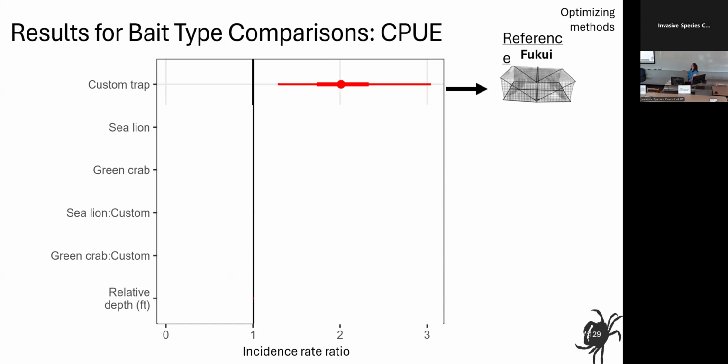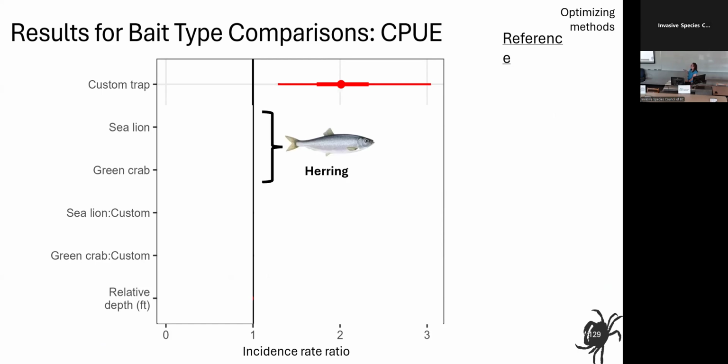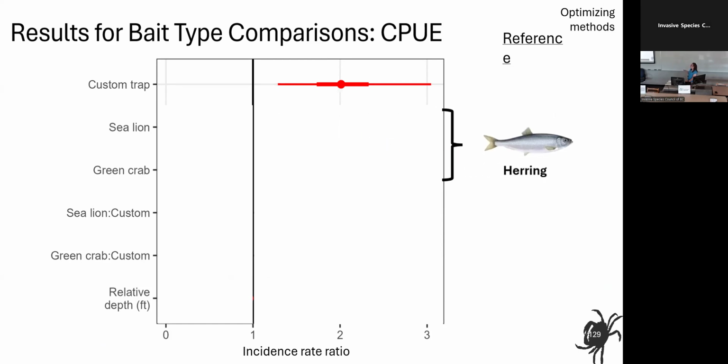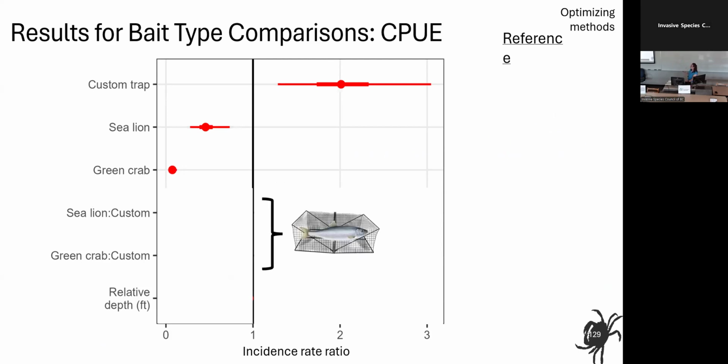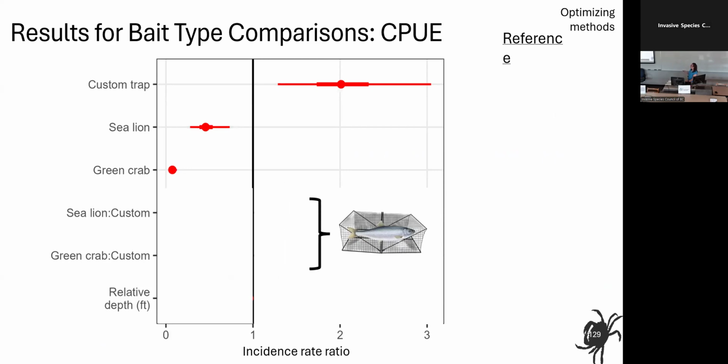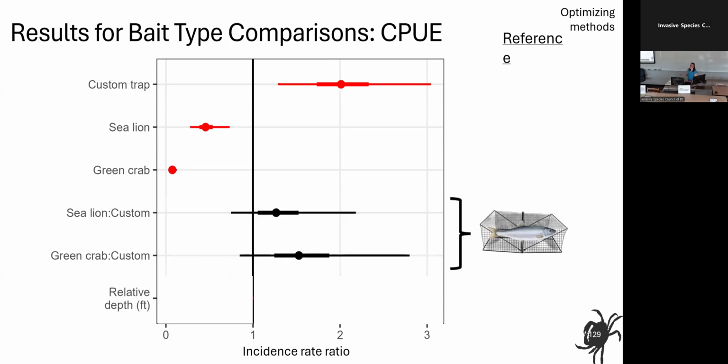When we're looking at our reference for bait type, comparing against herring, we see that sea lion actually is only catching about half of the CPUE, and green crab again is 1/10. An interesting aspect, though, is when we're looking at the interaction where we have our alternative bait types in our custom traps compared to the herring within a Fukui trap, there is no significant difference.